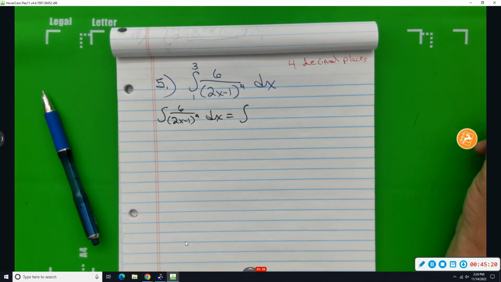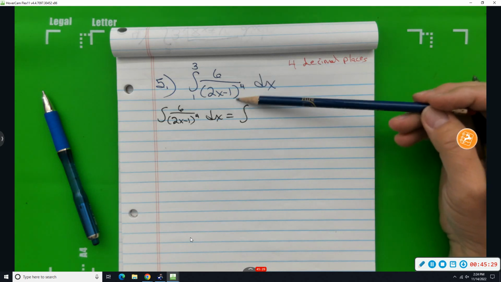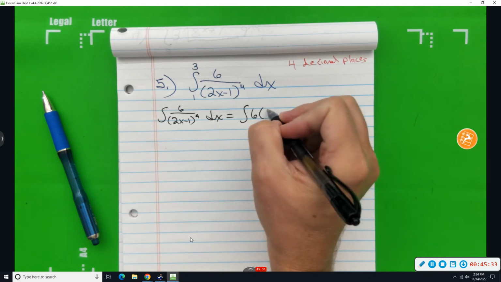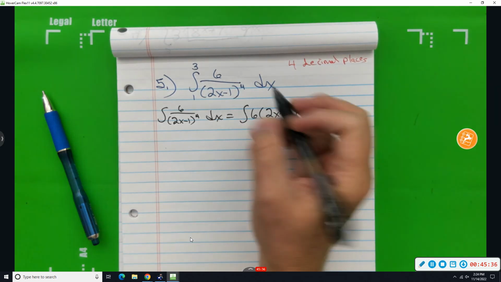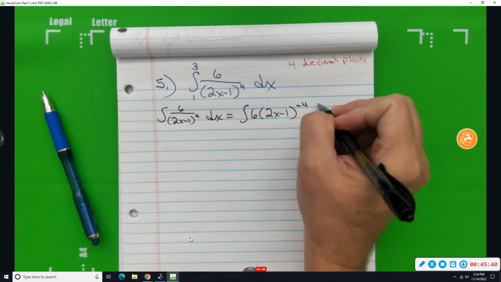As I've said in previous videos, we do not have a quotient antiderivative rule. What we need to do, we can rewrite that as a product. That's 6 times 2x minus 1. What do we do to that exponent? That's right, make it negative.